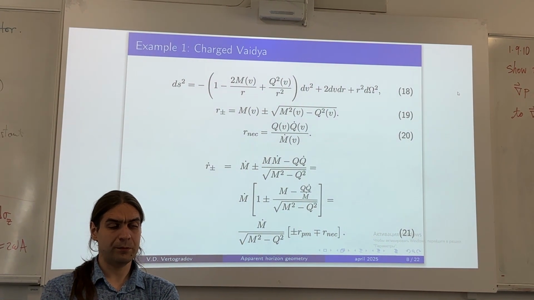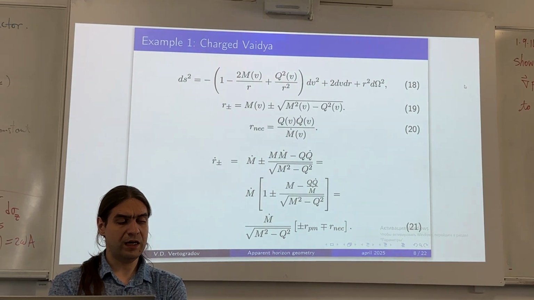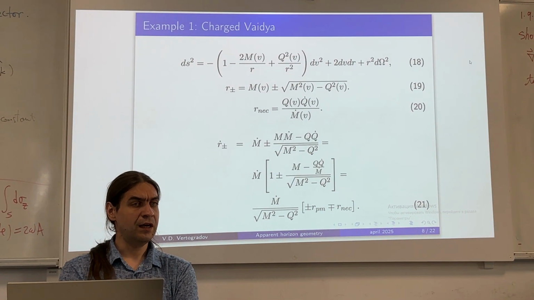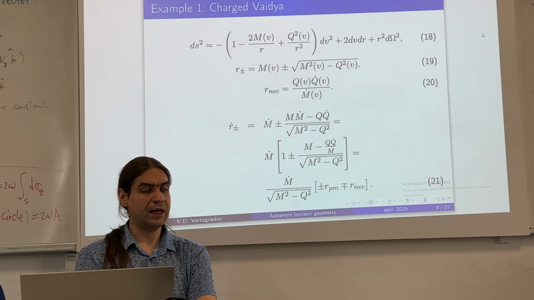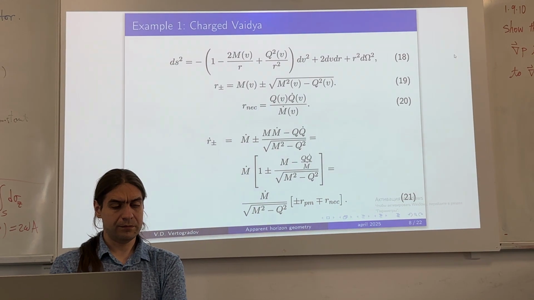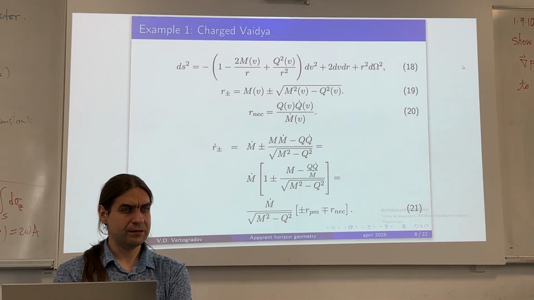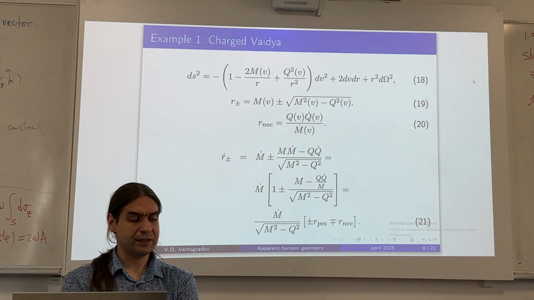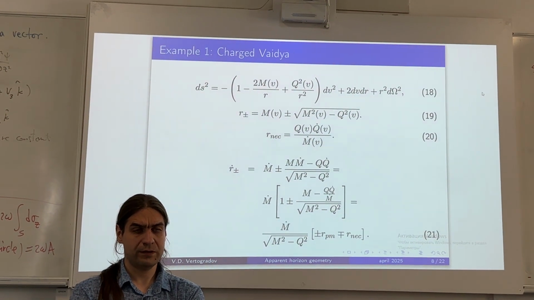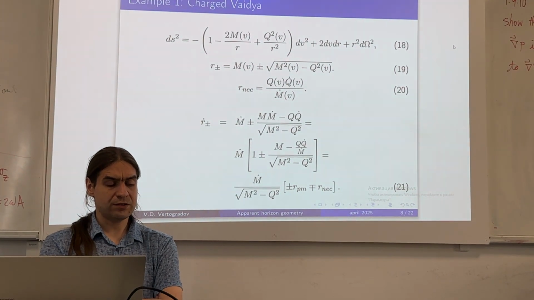Just do some simple algebra, and you will see the difference r plus minus r minus. You will see that r plus is space-like if it's inside the null energy condition horizon, and vice versa. Yeah, so it's easy to show.